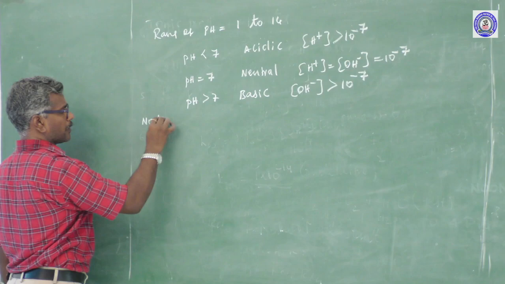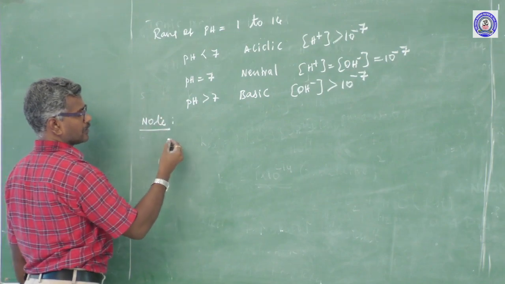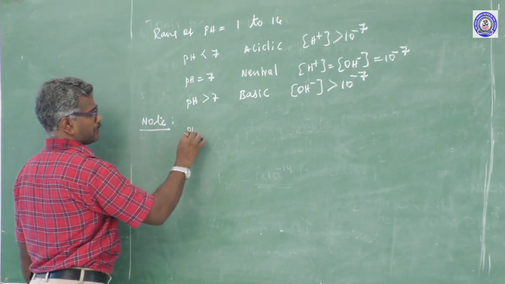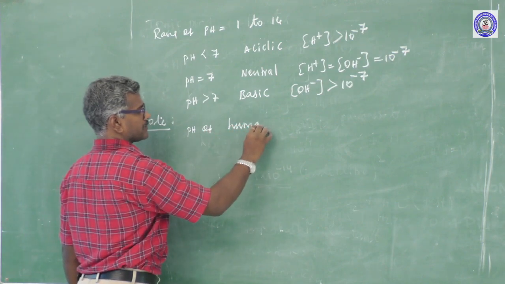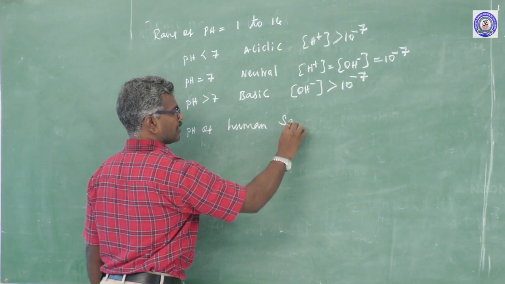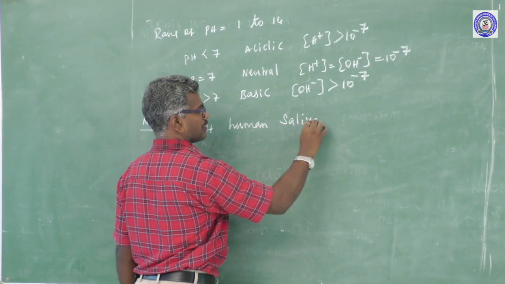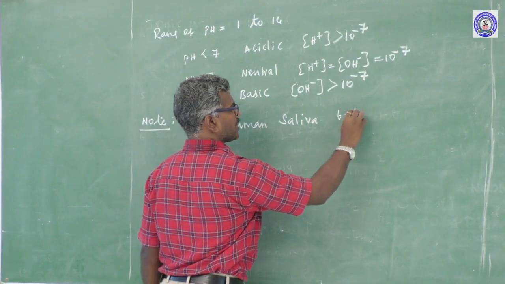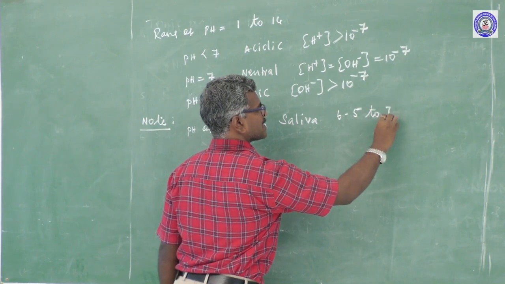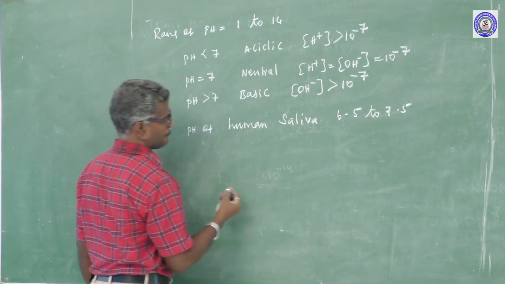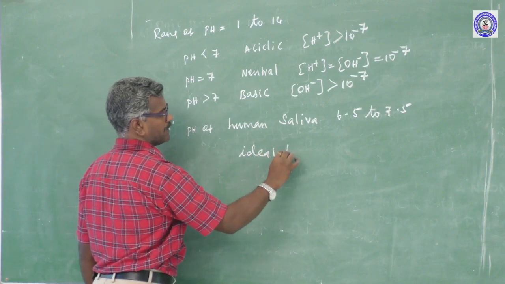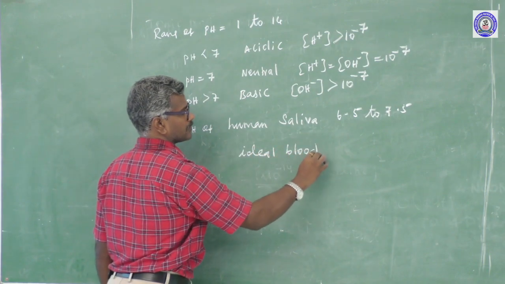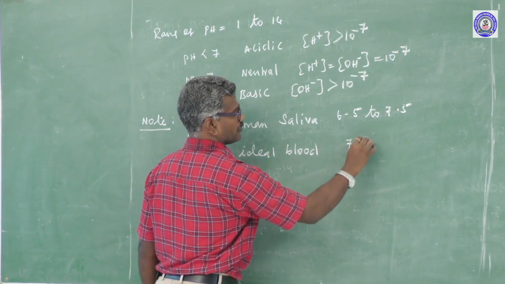Note: pH of human saliva is 6.5 to 7.5. Ideal blood is 7.4.